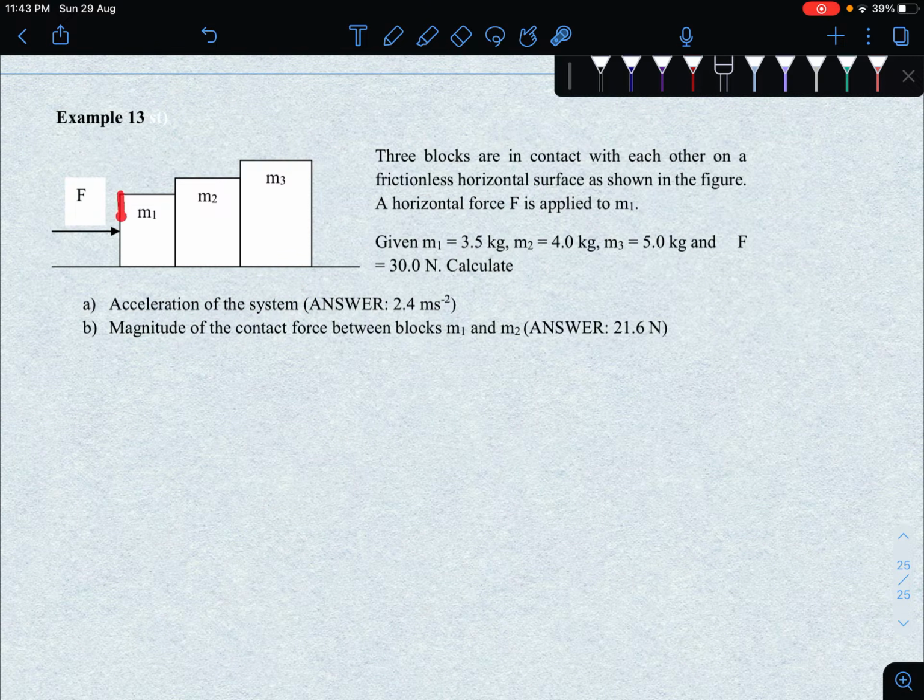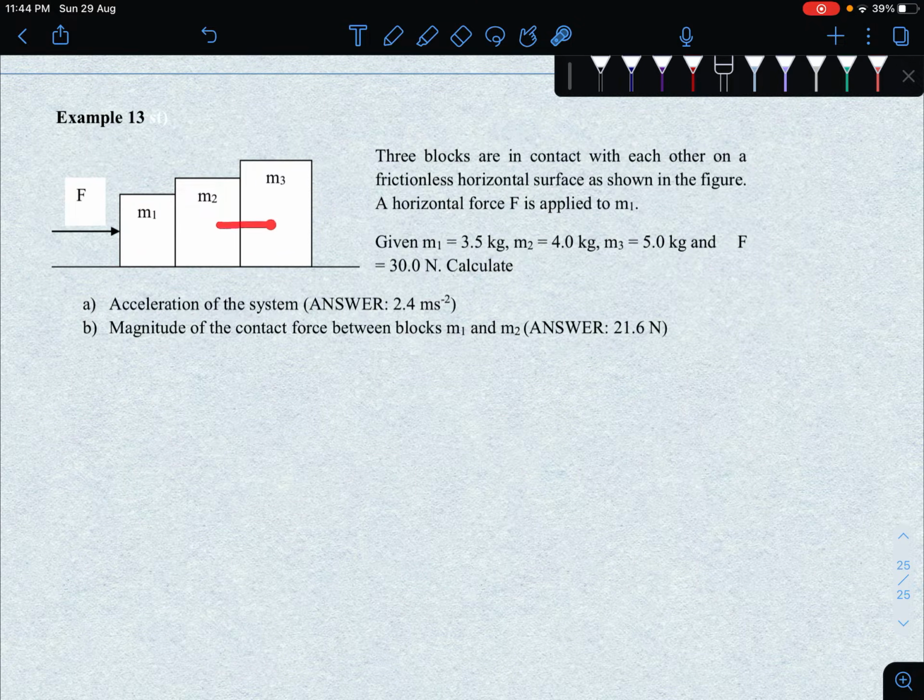Alright, as you can see, your objects M1, M2 and M3 are in contact with each other. Okay, mereka bersentuhan. So when you apply a force on M1, kalau kamu tolak M1 ini, this M1 is going to move. Tapi bila dia bergerak, dia tidak hanya bergerak bersendirian. It is going to push M2 and cause M2 to move.